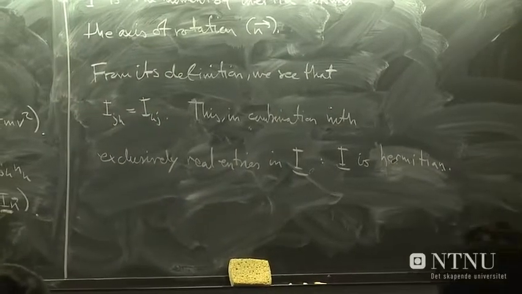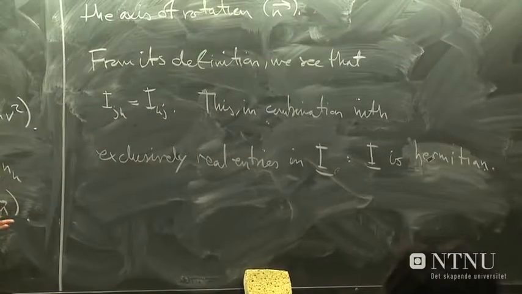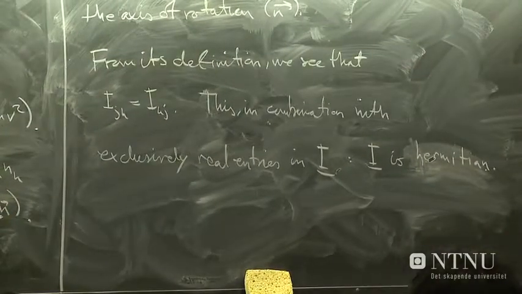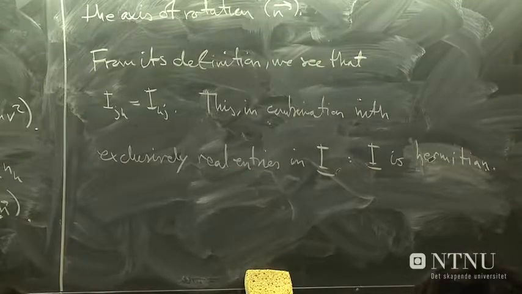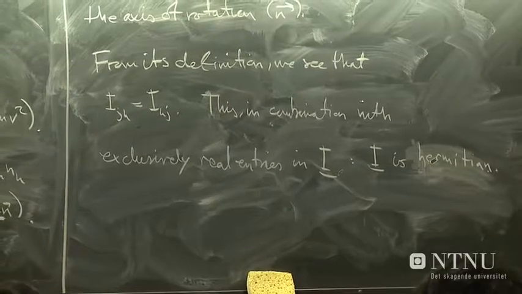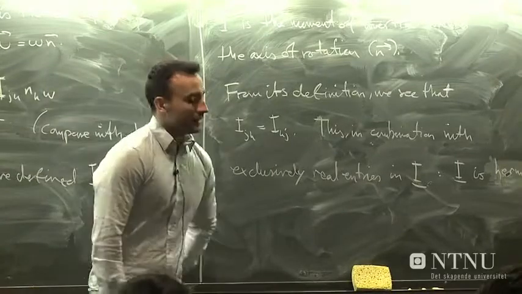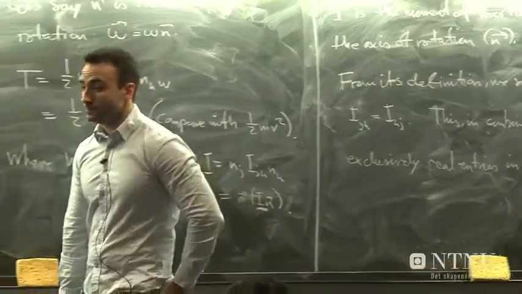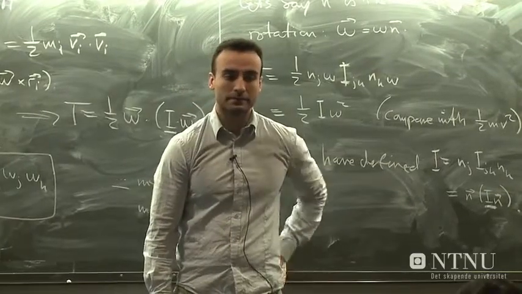And these two facts in conjunction, namely that it's a symmetric matrix and the entries of the matrix have to be real, means that the matrix of inertia is a Hermitian matrix. And this is a term you might be familiar with from previous quantum mechanics courses, I guess. If we have a Hermitian matrix, do we know anything about its eigenvalues?